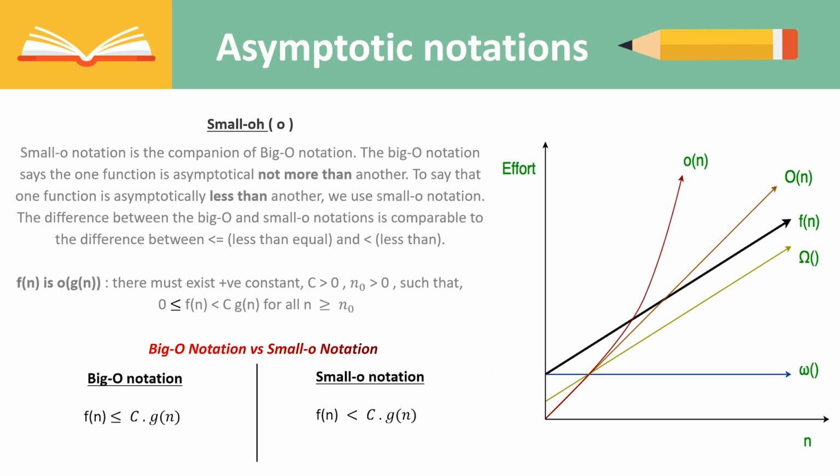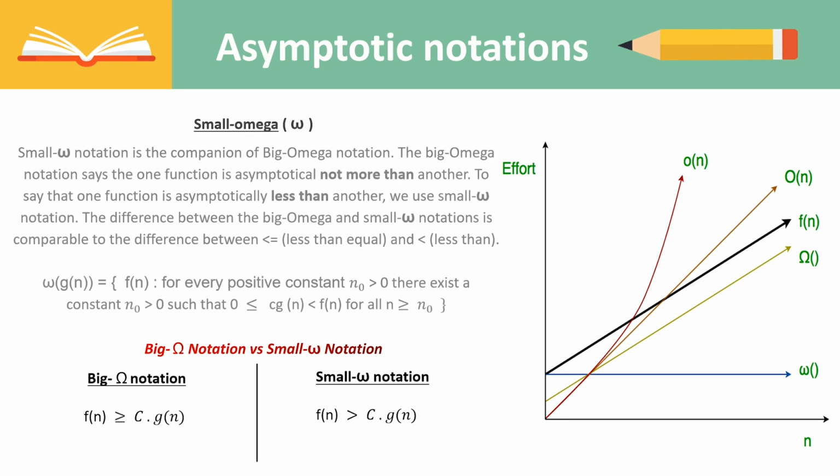The main difference between big O and small o notation is comparable to the difference between less than or equal to, and less than. Now here you can see the big O notation is f of n is less than or equal to constant into g of n, and small o is f of n is less than constant into g of n. So this is all about small o notation, and we have also compared big O versus small o notation.